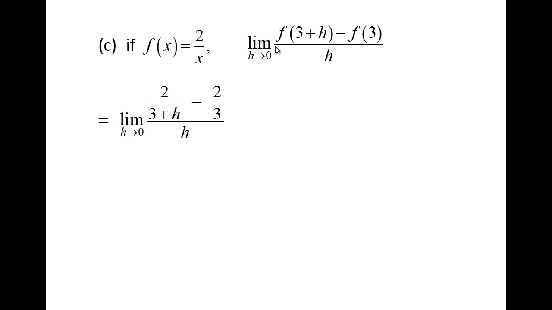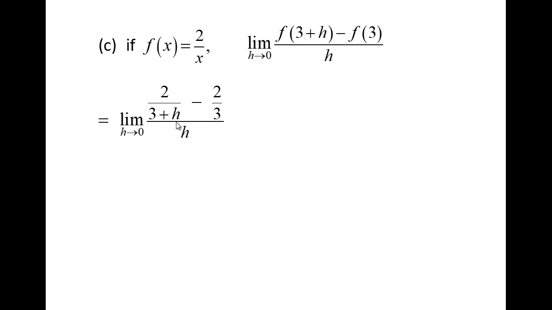So the value of the function is 2 divided by the input. Okay, so if I want to look at the limit of the difference quotient f of 3 plus h minus f of 3 over h. Okay, what is f of 3 plus h? Well, it is going to be 2 divided by the input 3 plus h, minus f of 3 would be 2 divided by 3.